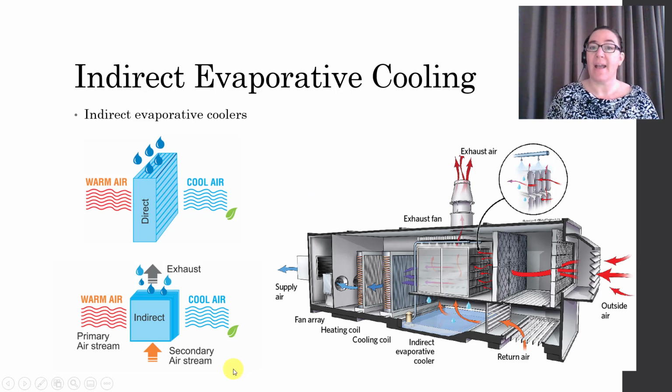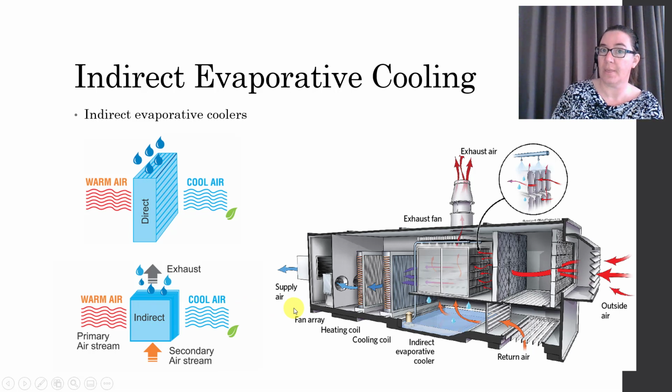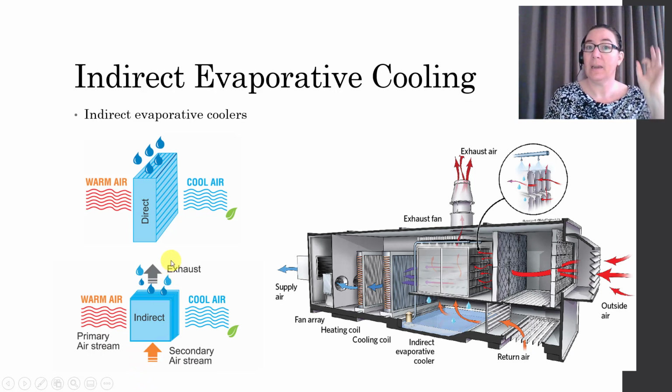An indirect evaporative cooler is slightly more complicated. Again, we have warm air coming in through the left and cool air goes into the occupied space. But we have a secondary airstream that will exhaust the humidity in another direction. It never goes into the occupied space.